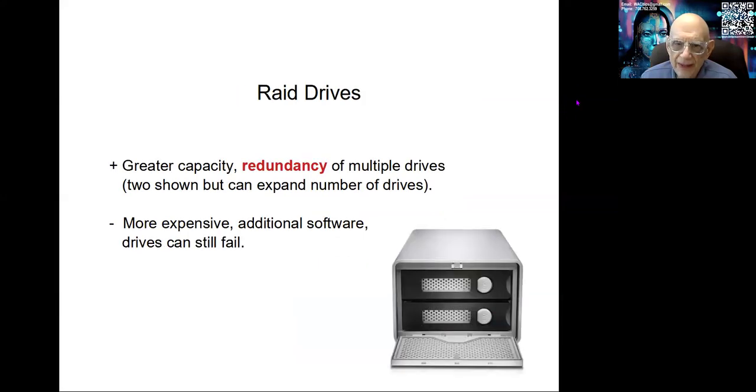If you really want to get technical and super sophisticated, there are what's called RAID drives, which provide redundancy because there are multiple drives. This one I'm showing shows 2 drives. We had one of these in the house until, of course, it failed. So we have another alternative for our storage right now.